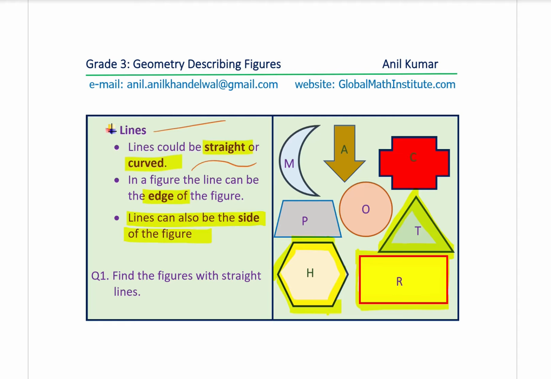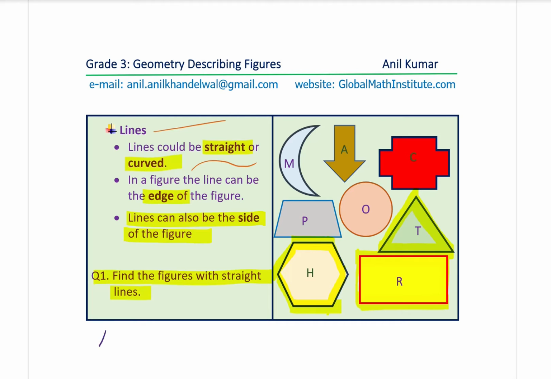Now the question for you is, find the figures with straight lines. Which figures are with straight lines? You can figure them out and then tell me. Well, all of them except for 2, right?